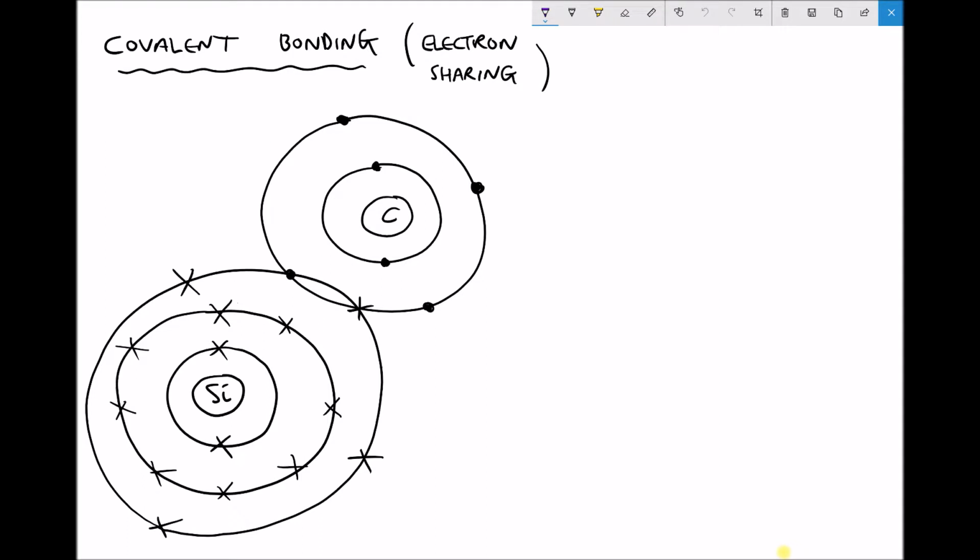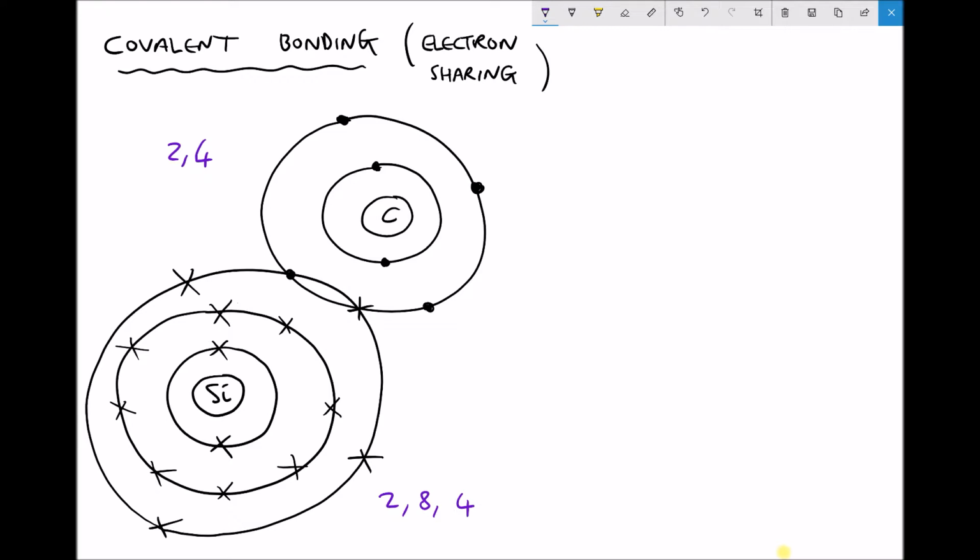So pictured on the screen here we have a silicon atom in the bottom left corner and a carbon atom. We know that the electron configuration of carbon is 2, 4 because it has 6 electrons. And from the periodic table we know that the electron configuration of silicon is 2, 8, 4 because it has 14 electrons. What we notice about each of these atoms is they both want to gain 4 electrons or share 4 electrons.